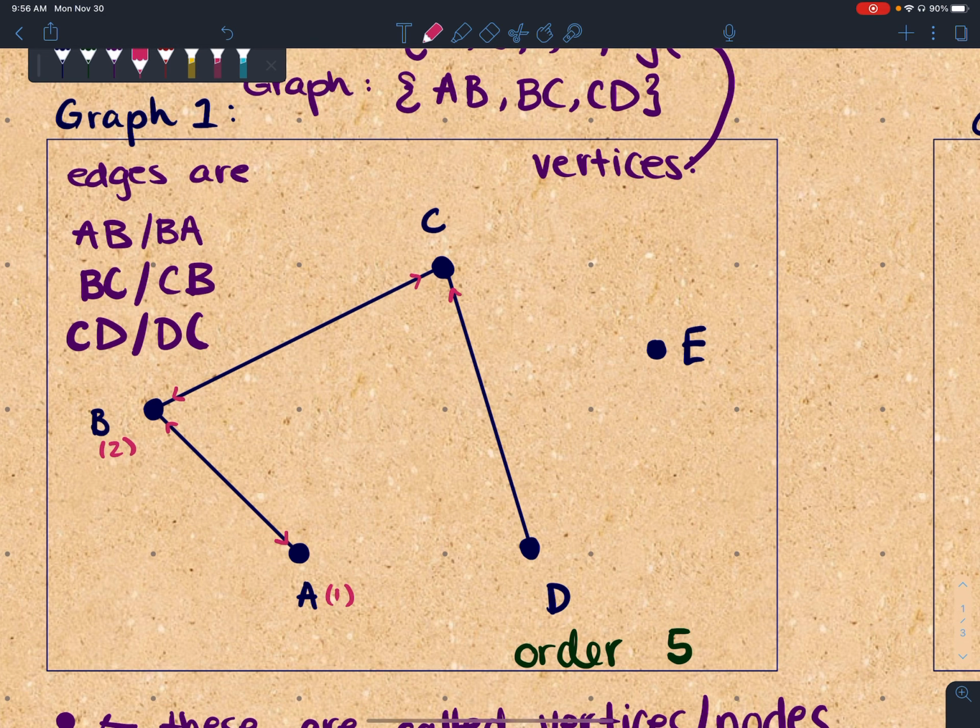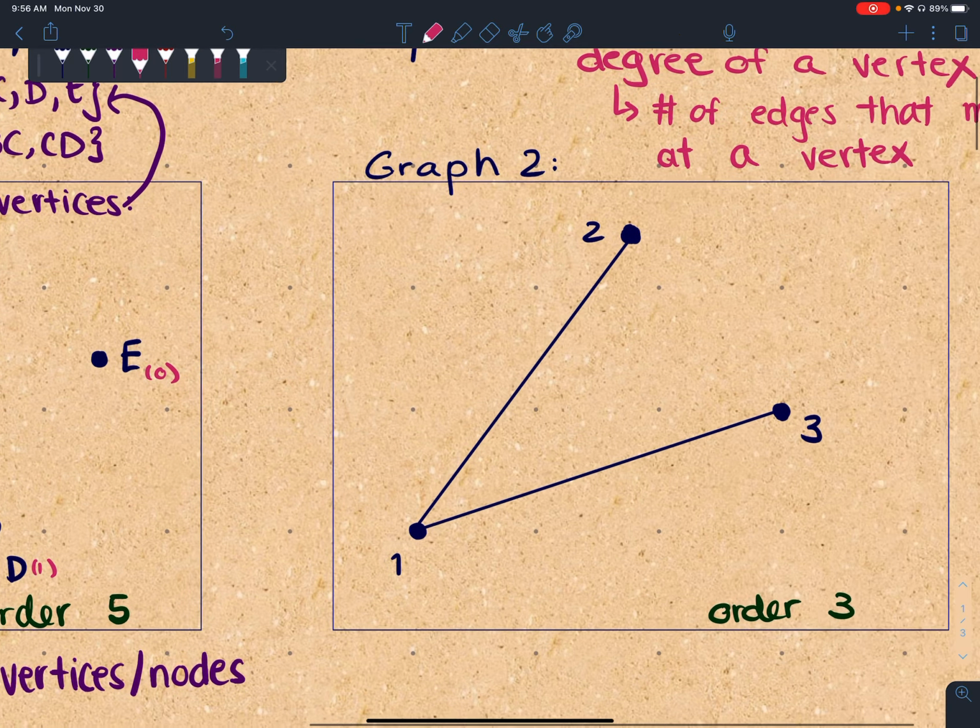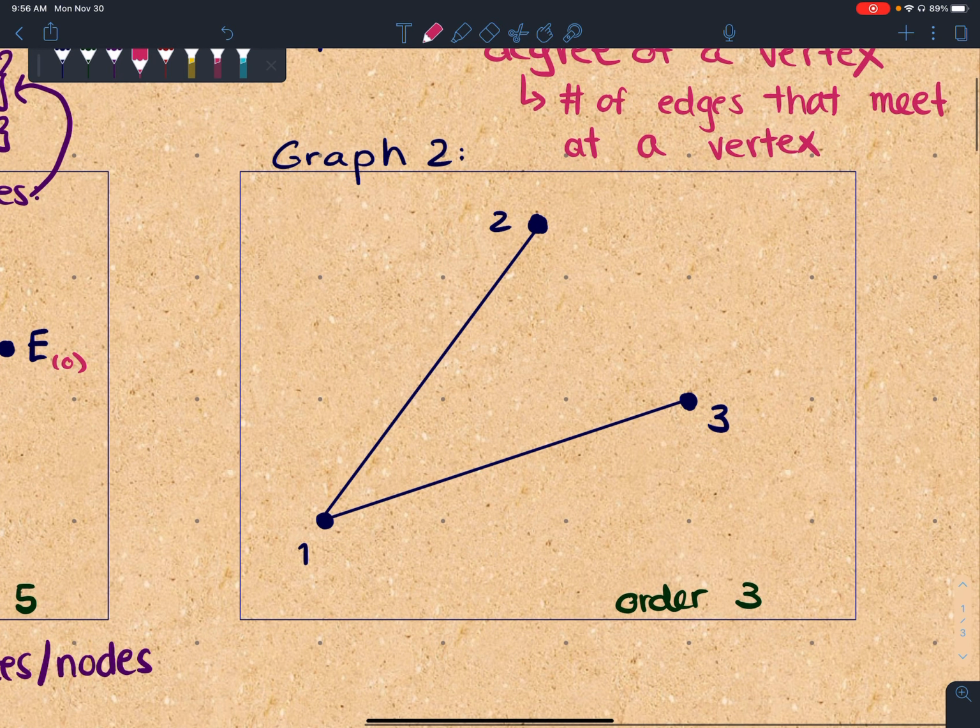C also has 2. D has 1. E has no edges leading into it, so it has a degree of 0. So that was for graph 1. We'll take a look at graph 2. Here, vertex 1 has a degree of 2. Vertex 2 has a degree of 1. And vertex 3 has a degree of 1.